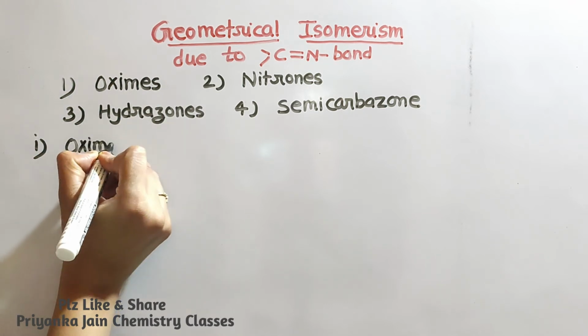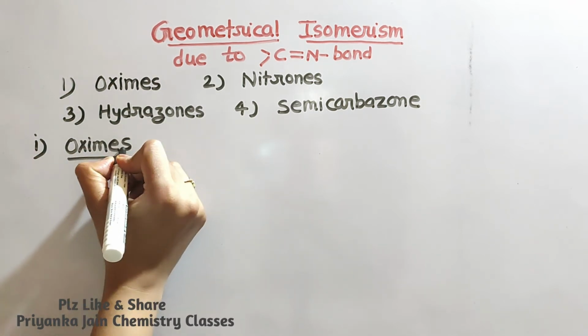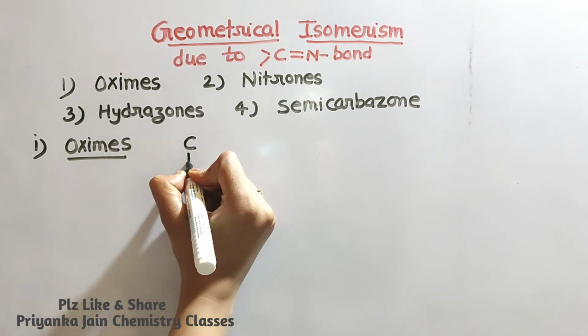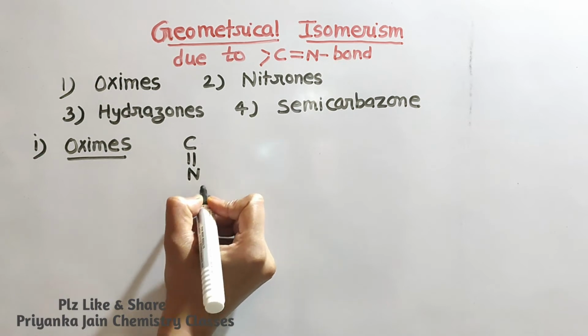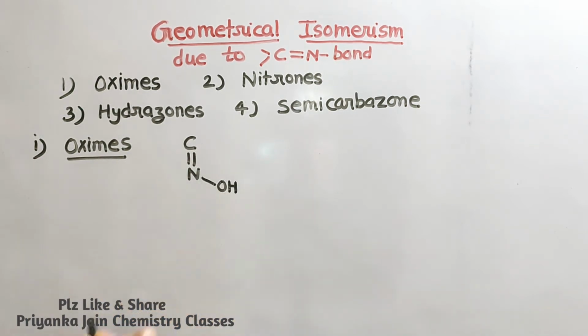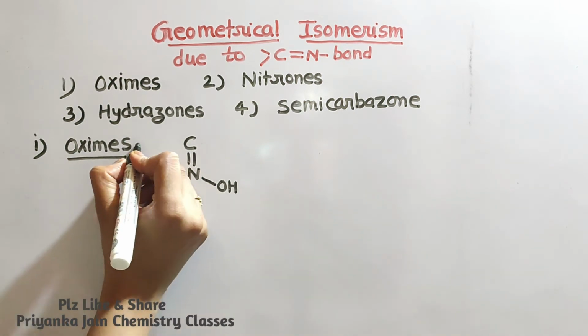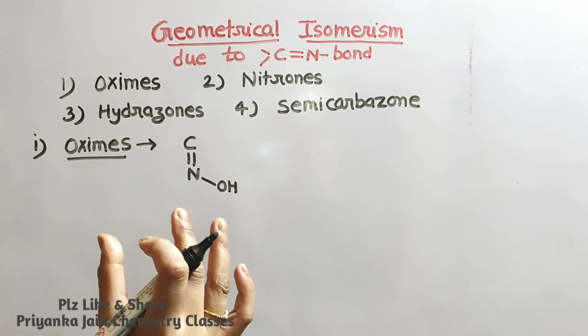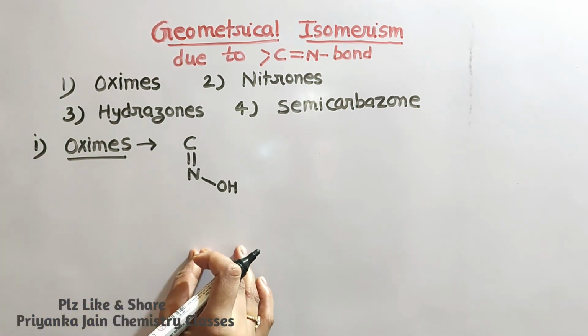In the case of oximes, the C=N bond is present, but actually there is an OH group present in this manner. So in this type of case we are not using the E and Z nomenclature. In this case we use the syn and anti prefix.